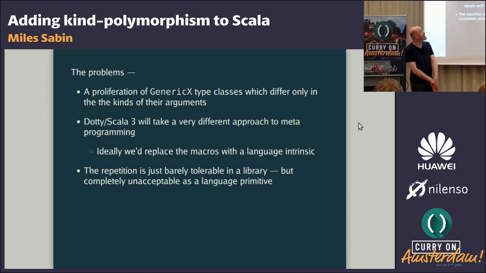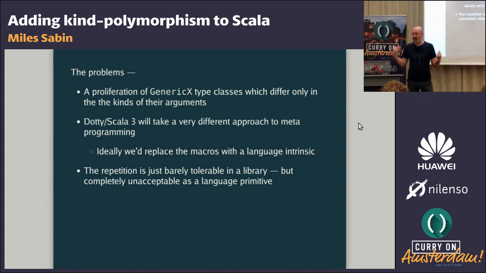It may very well be the case that the replacement for macros in Scala 3 will quite possibly not support the kinds of macro features which generic depends on. So it'd be nice to have some kind of route out of that. And I think working with the idea of baking it into the language as a primitive is definitely an interesting idea, and it's something to be pursued.